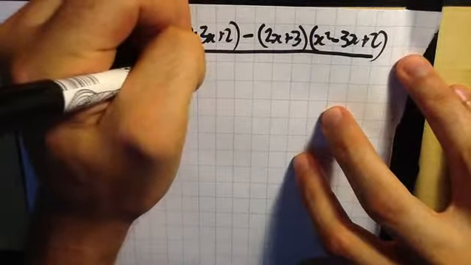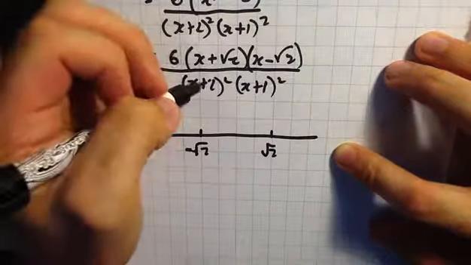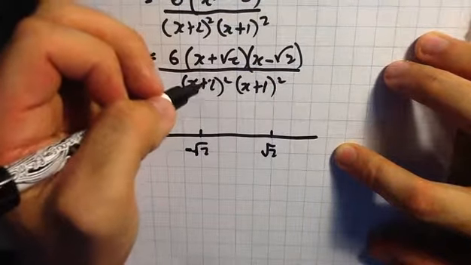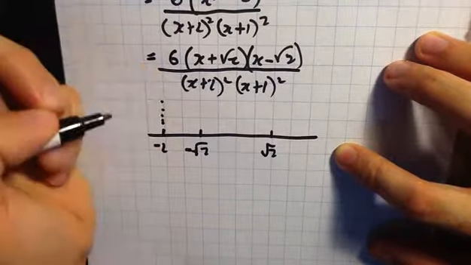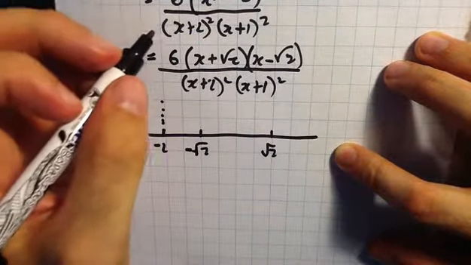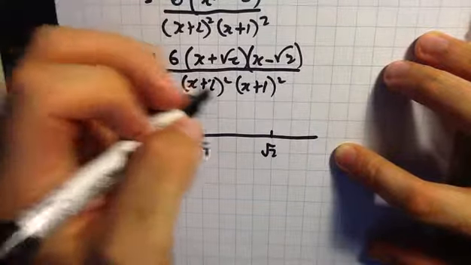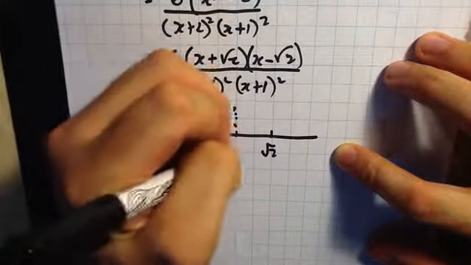Sign diagram for this. I know I've got critical values at positive root 2 and negative root 2. So that's negative root 2 here, and positive root 2 here. I also have asymptotes at negative 2 and negative 1, so we'll put that here.